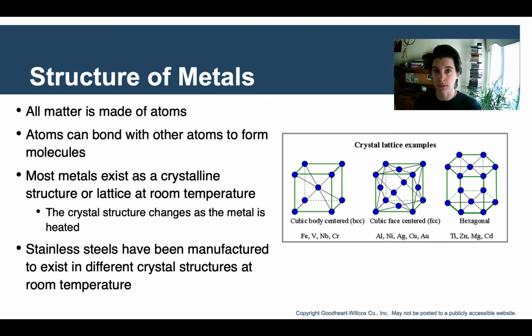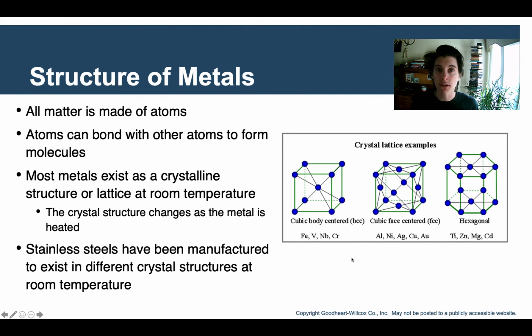It's different for different steels, right? These are examples of different lattice structures: body-centered cubic, face-centered cubic, and hexagonal. These little blue dots represent each atom of iron, carbon, or whatever the other alloying elements are. As you heat the material, this lattice structure changes, because heat equals energy.